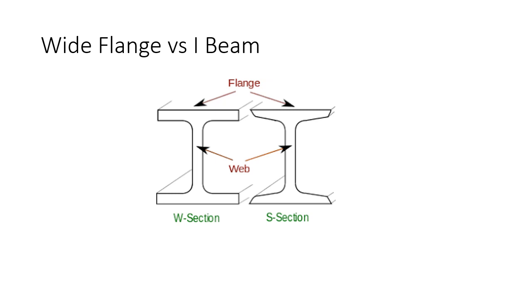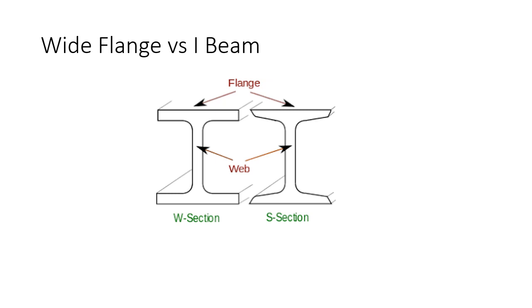There's a couple of subtle differences in them. You can see that the shape is different. The wide flange looks more like an H if you turned it over. And the I-beam has a subtle difference there. You can see it's a little bit more curved and sloped, I guess, would be my description of it.